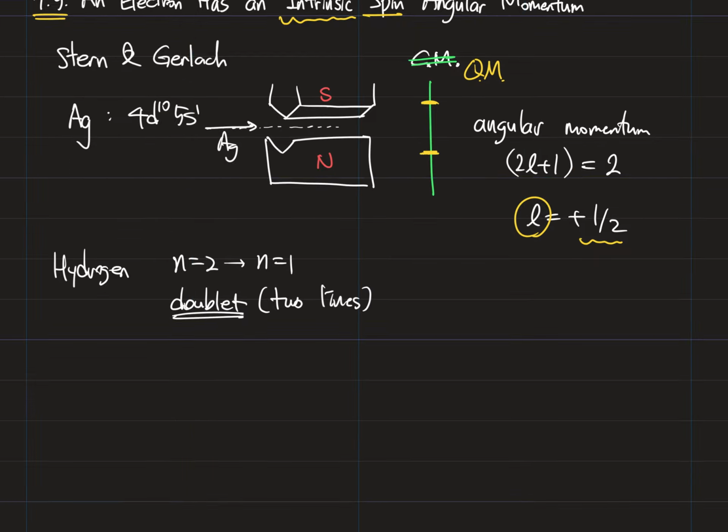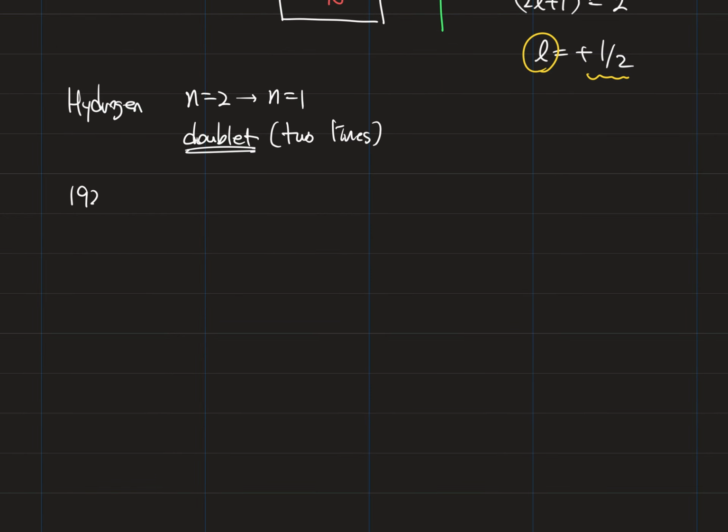And actually in 1925, you know his name very well, Wolfgang Pauli. The Pauli of the Pauli exclusion principle. So he showed that all these observations could be explained with the postulate that an electron exists in two distinct states.